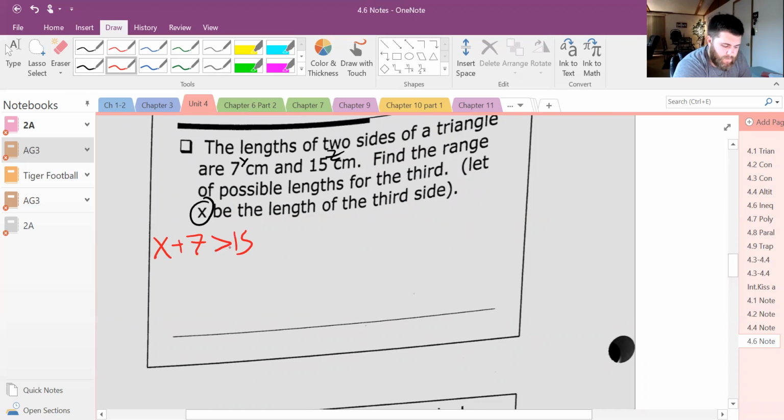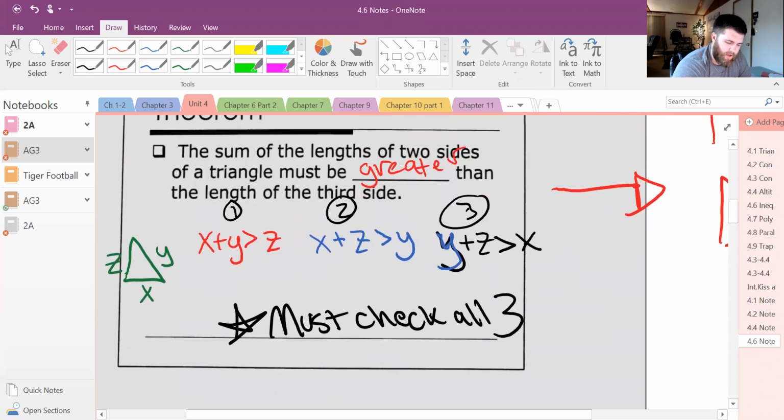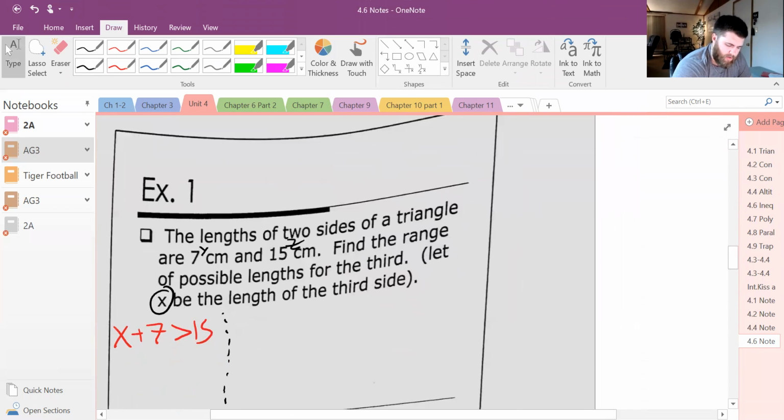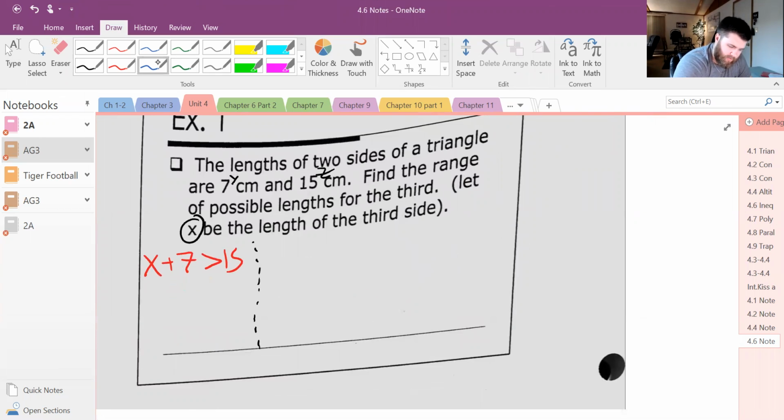Let's just set them up first without any solving right now. Next, the middle one: x plus z is greater than y. So we have x plus z, z is 15, remember, is greater than y, which is 7.